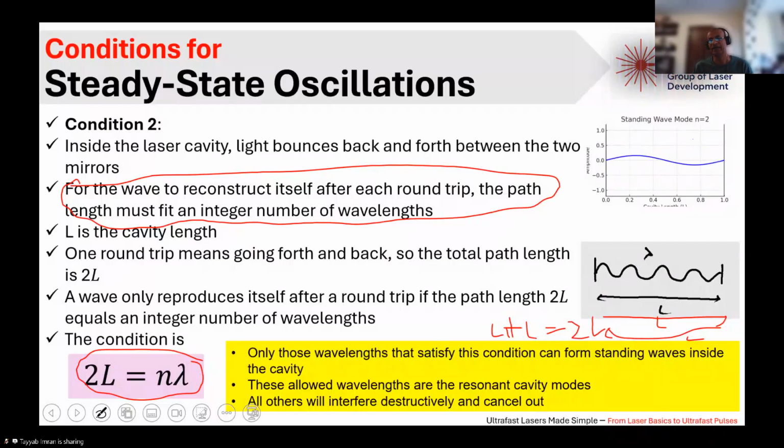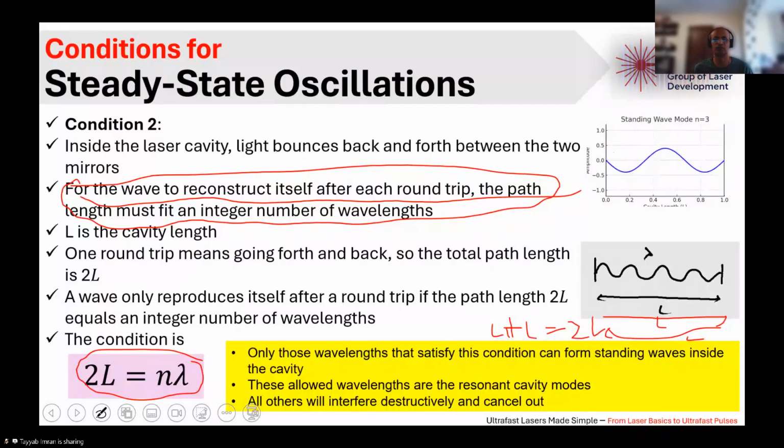After moving to and fro between the two mirrors, it reconstructs only if it follows this equation and the 2 pi condition. So for the wave to reconstruct itself after each round trip, the path length must fit an integer number of wavelengths. Okay?